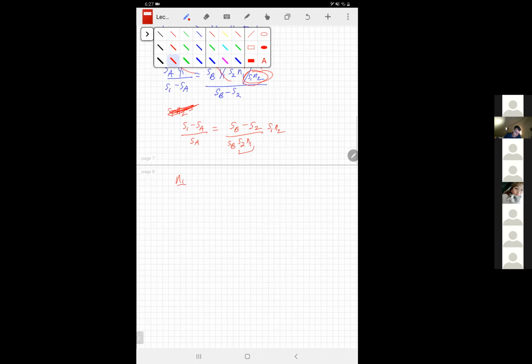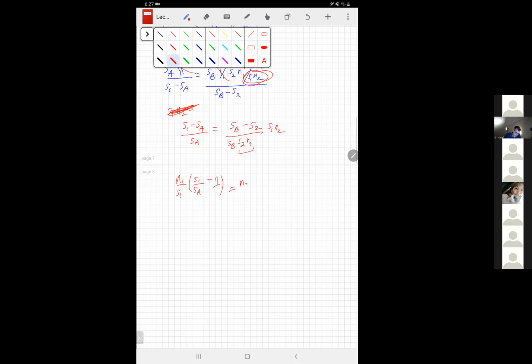So I get N1 over S1 times S1 over SA minus 1, because SA over SA equals, see, I multiply both sides by N1 and divided by S1.